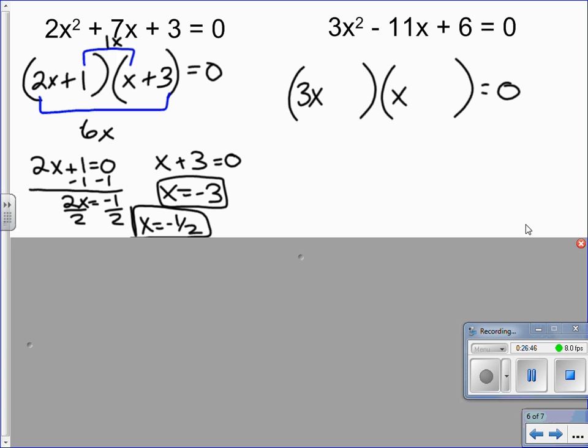Most people have 3x and x. First terms first. What can multiply together in the first position to give you 3x squared? Let's be a 3x and an x.